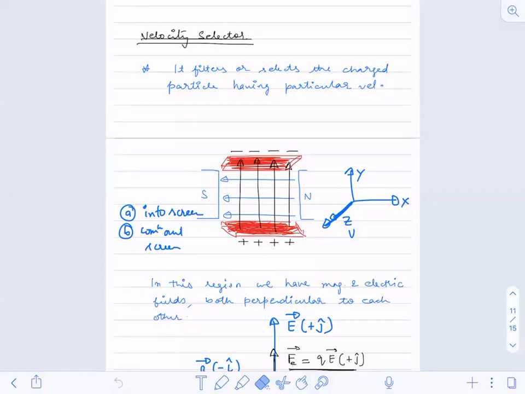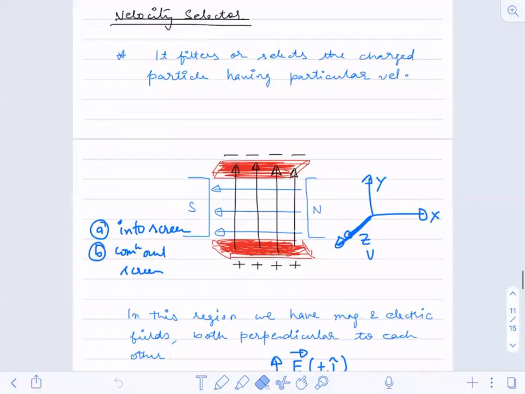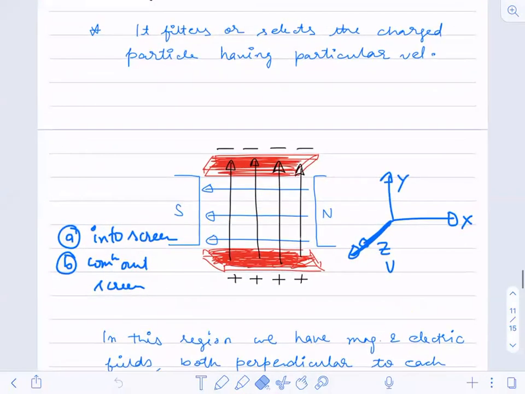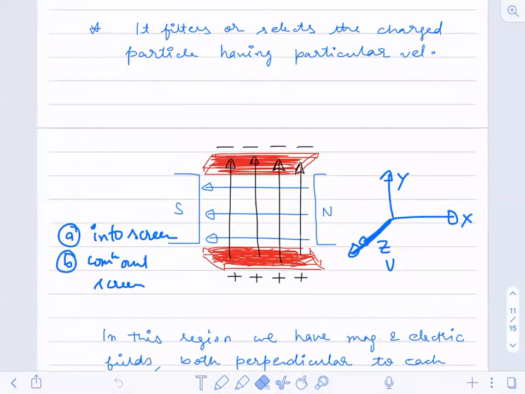In the figure, the electric field has been shown in black color, whereas the magnetic field has been shown in blue color. In this space they are cutting each other, so that is why we are calling it a crossed field.